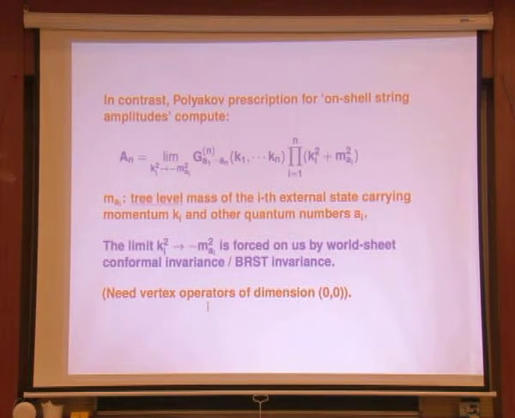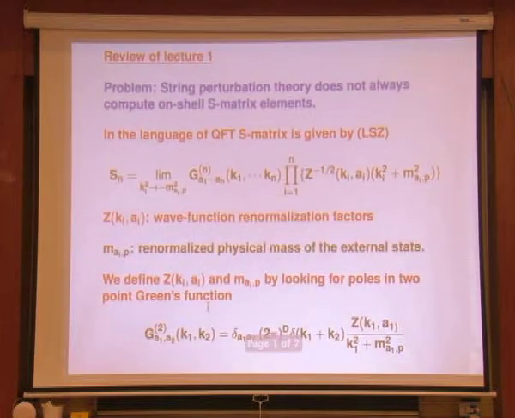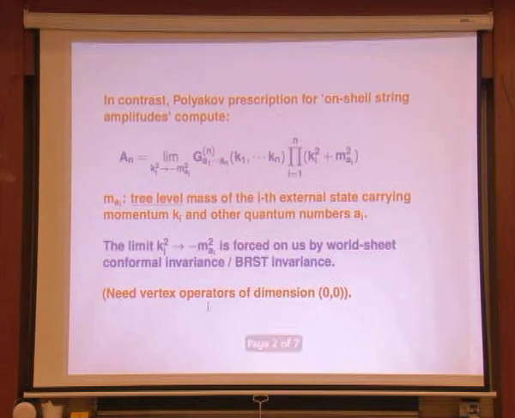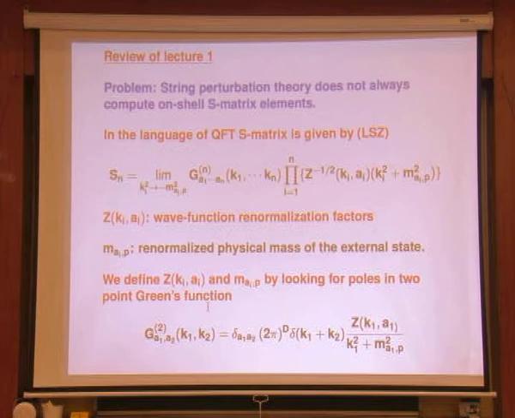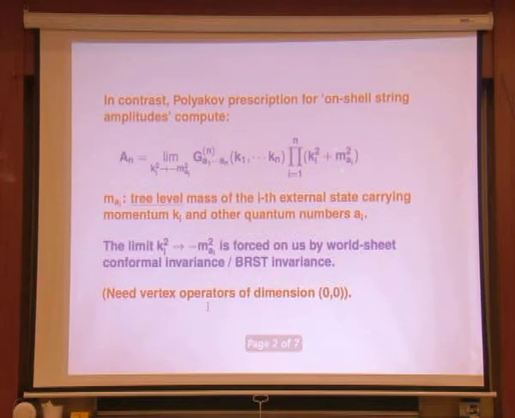The Polyakov prescription automatically, inherently, has this feature built in that the tree level propagators are truncated. But you can clearly see the distinction between this expression and the previous expression, namely the absence of the Z factor, no wave function renormalization there, and the fact that the limit that you are taking is when the momenta are set equal to the tree level mass squares.